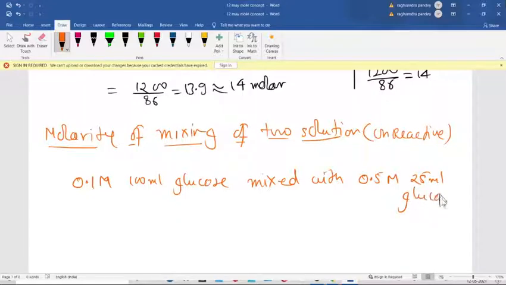So both are glucose solutions. So glucose will not react. Now you have to find the new molarity. Find the new molarity of the mixture.